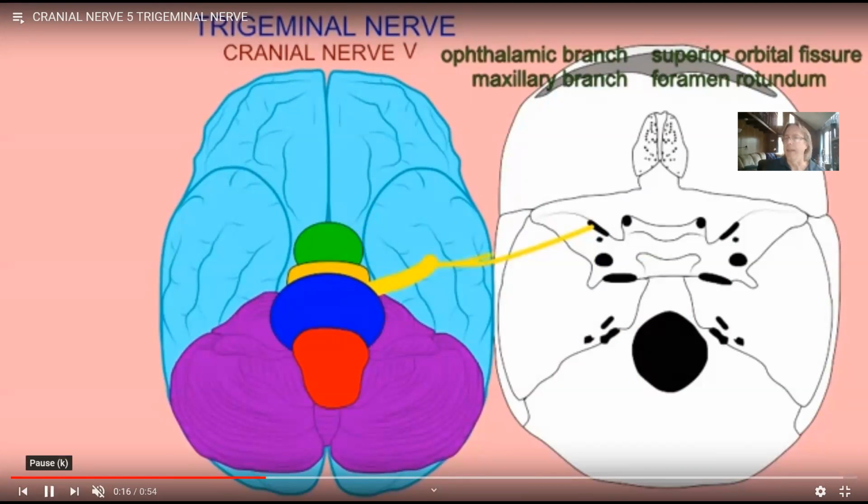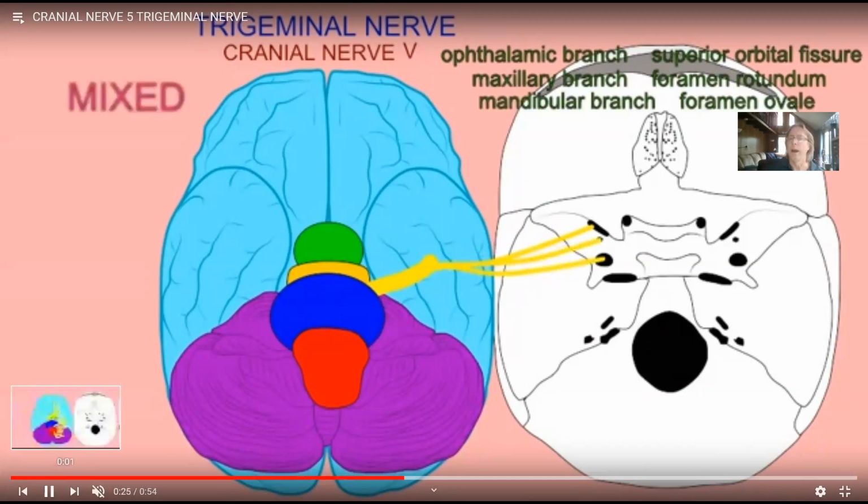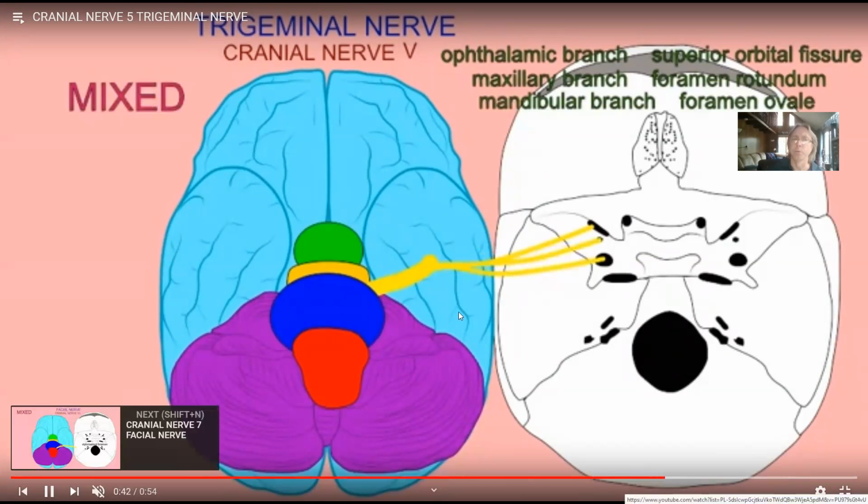I like to play that off of the facial nerve because the trigeminal nerve allows you to feel the face but move the mouth. So therefore it's called a mixed nerve. So while some nerves are sensory or motor primarily, there are then mixed nerves which have both sensory and motor portions.